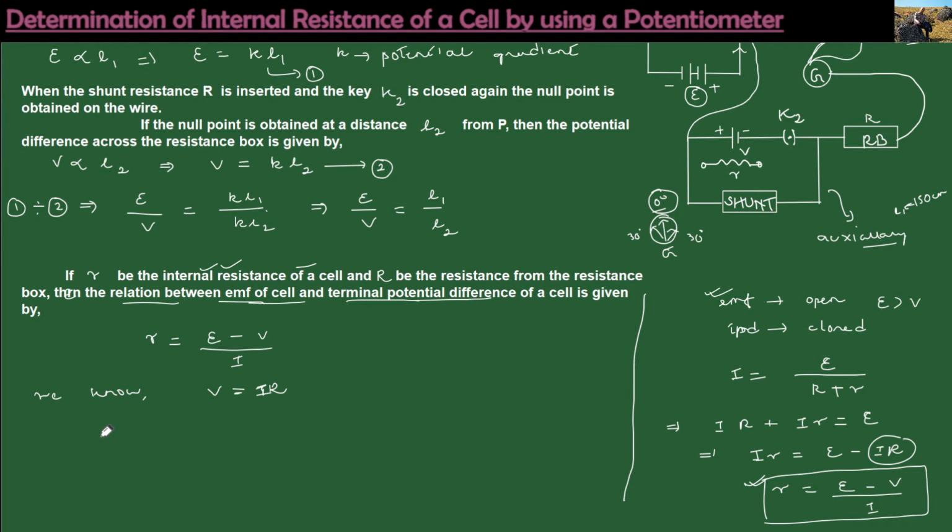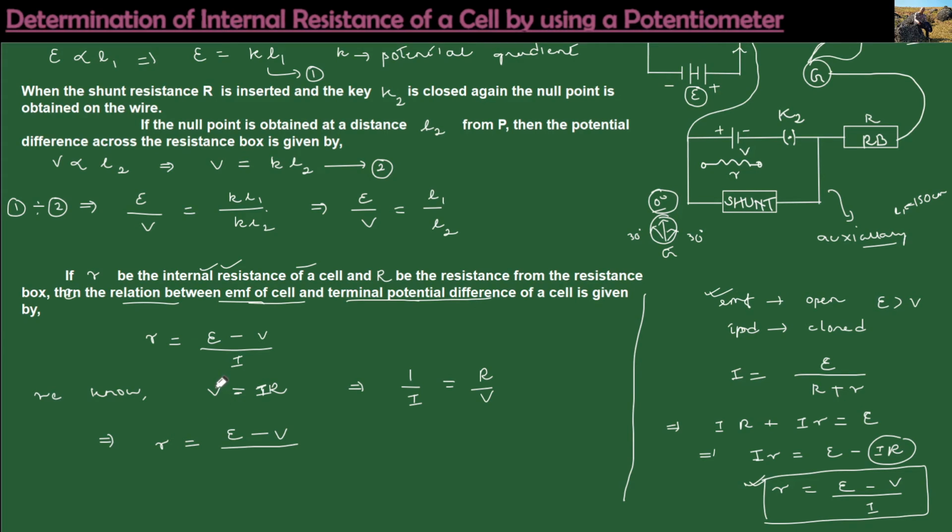Then from here we can rewrite this equation in another form. In place of that I, we can substitute. So 1 divided by I will be equal to R divided by V. We can do some relevant cross multiplication.